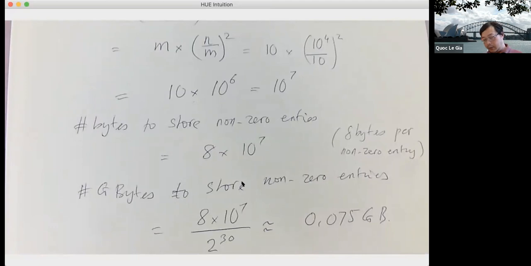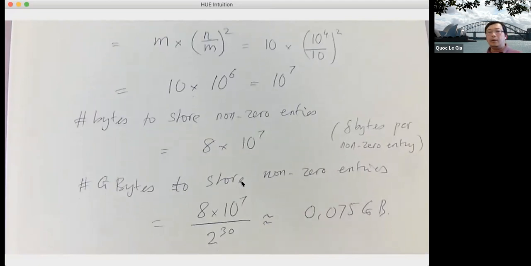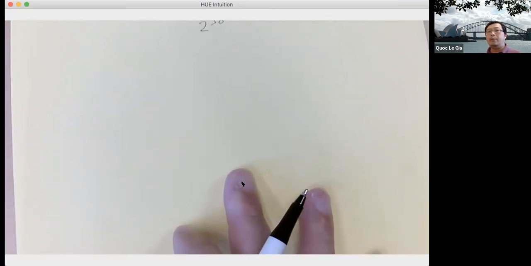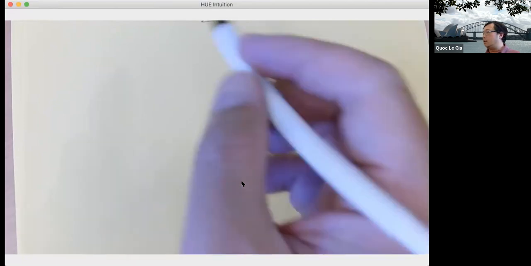Okay, so now the next question is epsilon of n. This one is related to the floating point system as well.